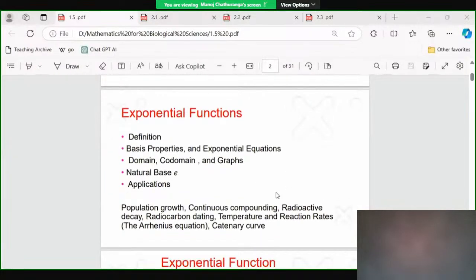So exponential and logarithmic functions. We'll talk about the basic definitions, basic properties of exponential functions, and how to solve equations involving exponentials, domain, codomain, graphs, and something called the natural base.